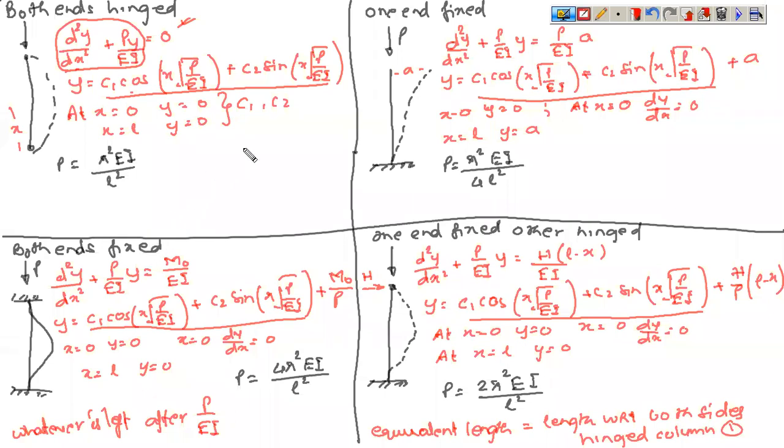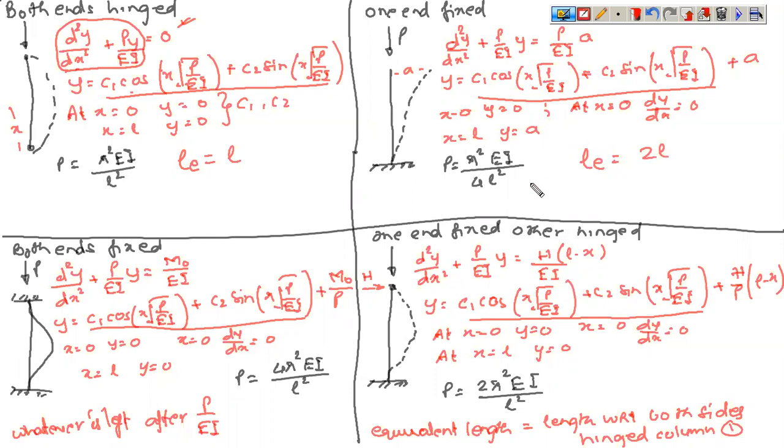Equivalent length means that this is the length with respect to a both side hinged column. So if you look at this condition, equivalent length LE is equal to L. If you look at the second condition, equivalent length is equal to 2L.